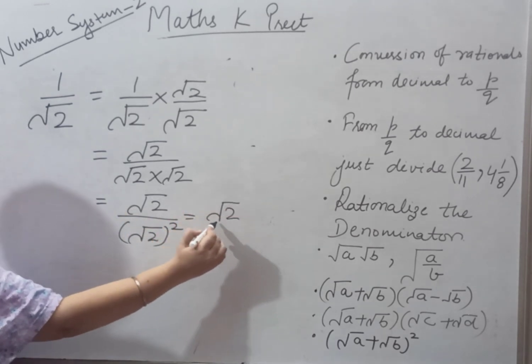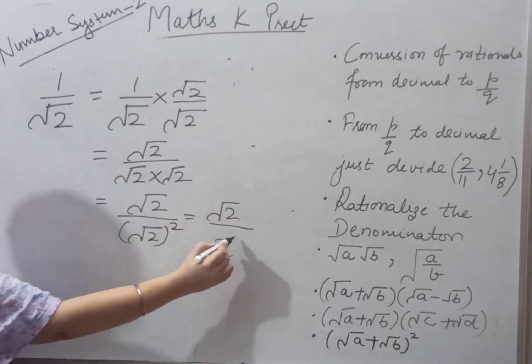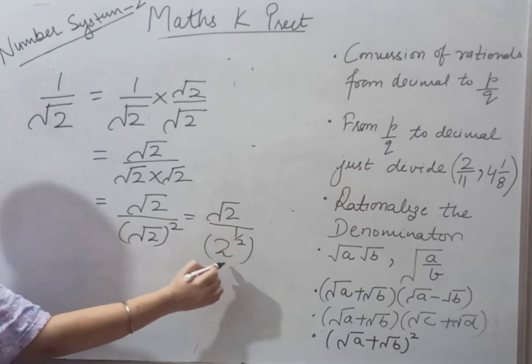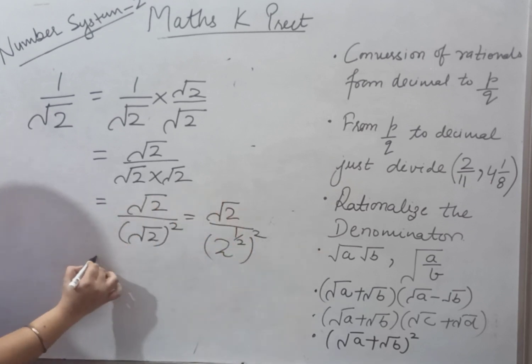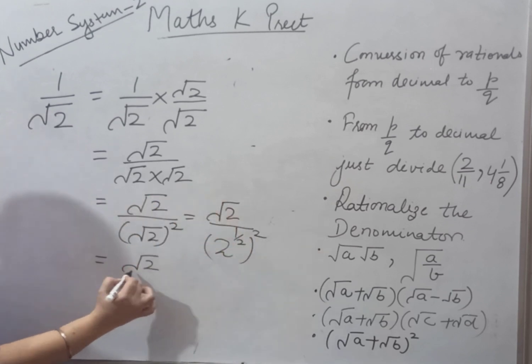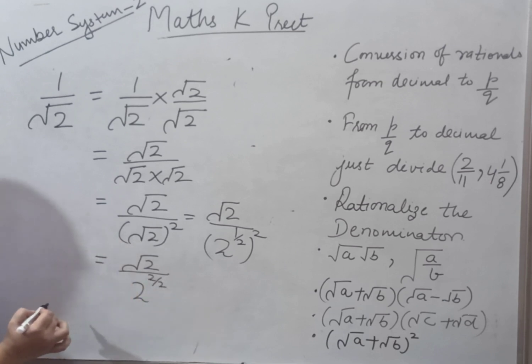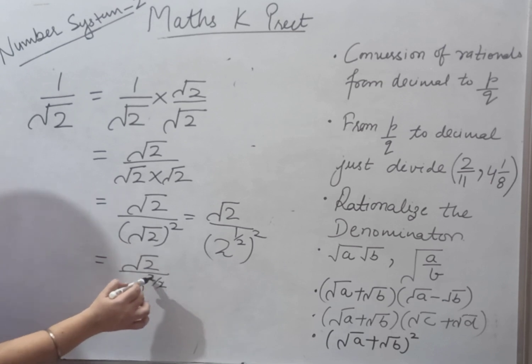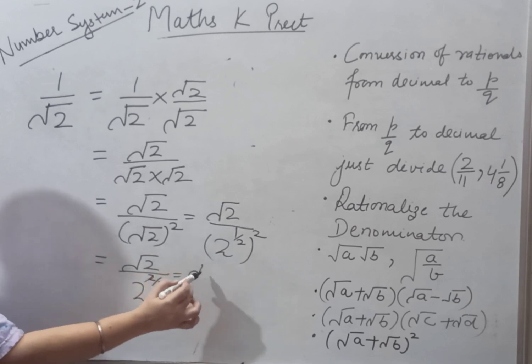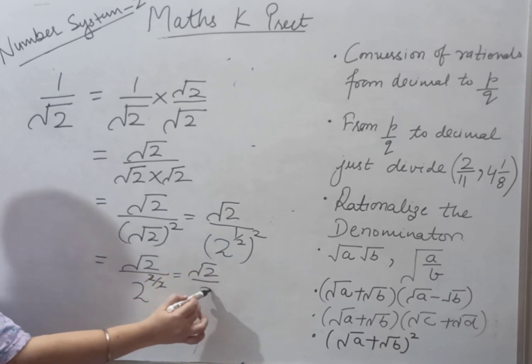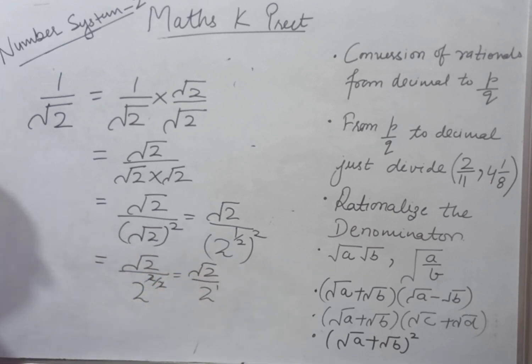This root 2 is 2 raised to power 1 by 2, with 2 here in the power. So root 2 square is equal to 2, and 1 into 2 is 2 divided by 2. We can cancel these 2's, so we are left with 1.